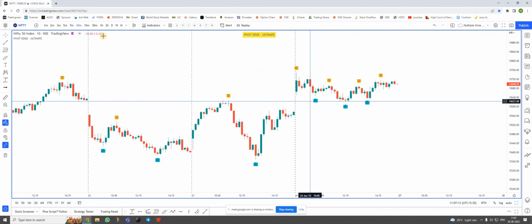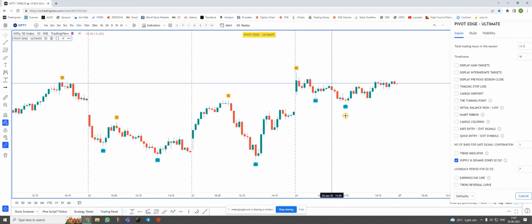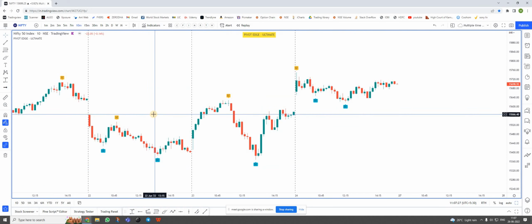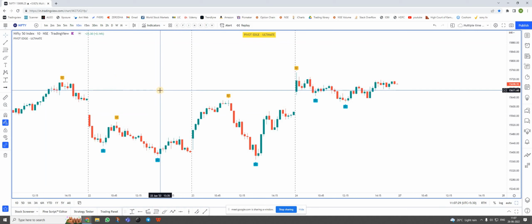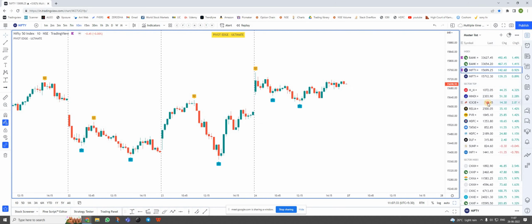Sometimes you may feel there are more, so you can play around with this setting. I have given 5, so you can increase 5 period to 7 period, so you will get fewer supply zones and demand zones, so less confusion. Or sometimes if you are not getting too many zones, then you can try to reduce.